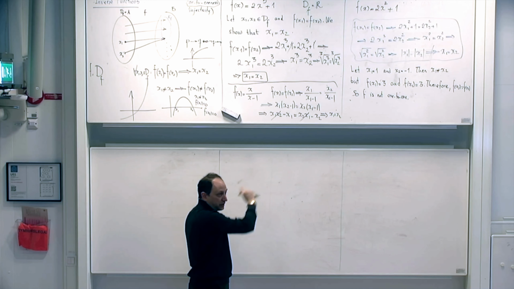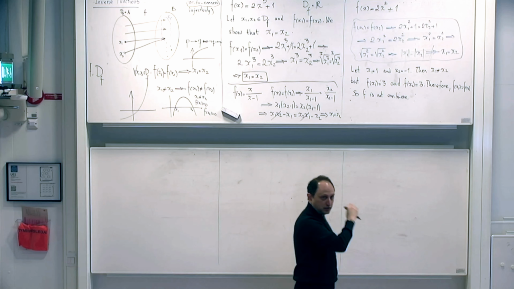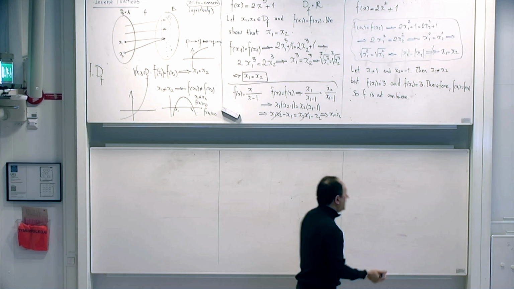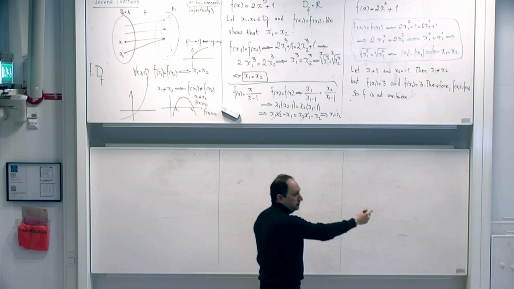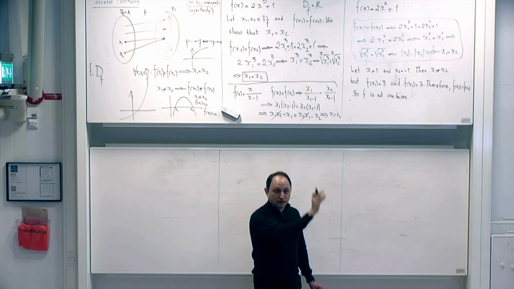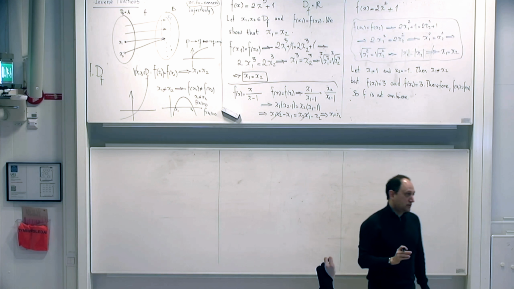But if the function becomes complicated, using the original definition becomes harder and harder. If I make a very complicated function for you, and then if you write f of x1 equals f of x2, there is no guarantee that really we can do the algebra until the very end point and legally conclude that x1 is equal to x2.